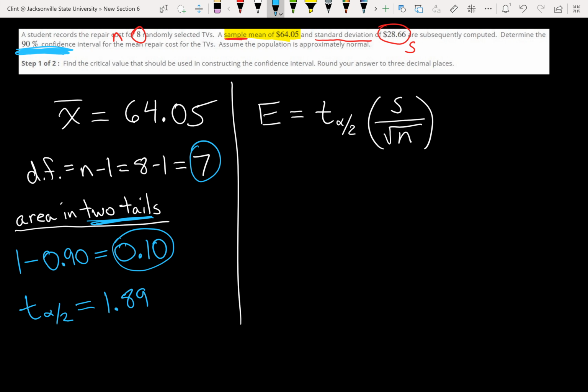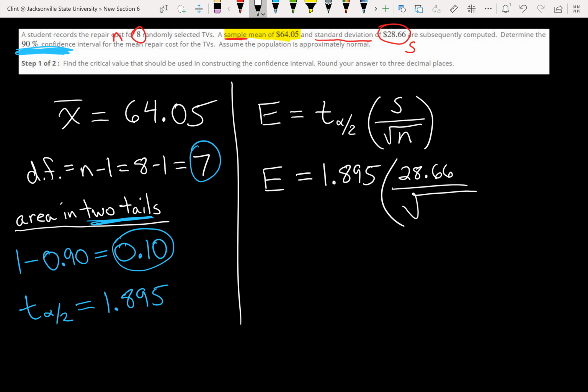So critical t, 1.895. We already have the other numbers we need, and now we can plug into our margin of error formula. That's 1.895 times our sample standard deviation, $28.66, divided by the square root of our sample size, not degrees of freedom, but our sample size. So our sample size was 8.